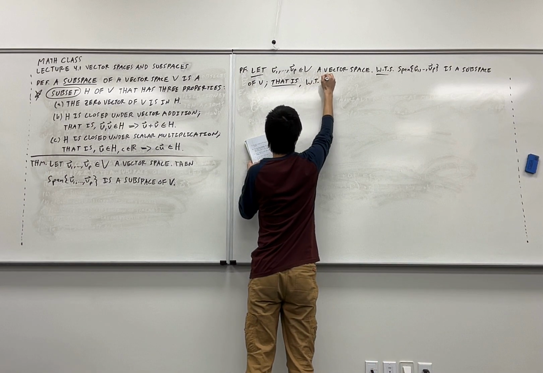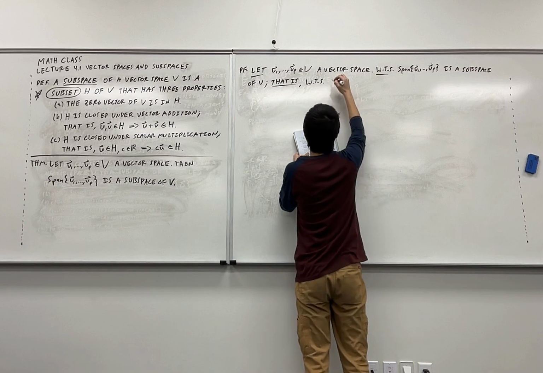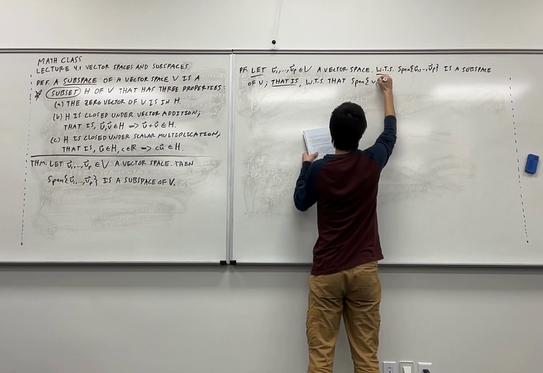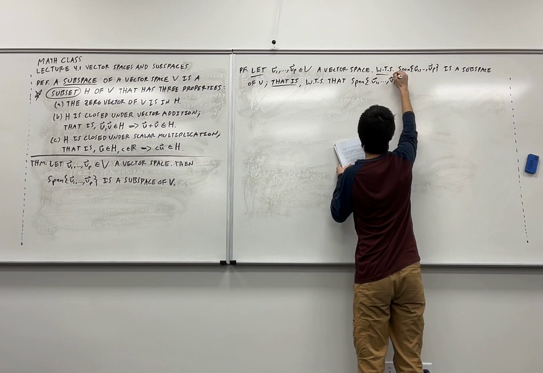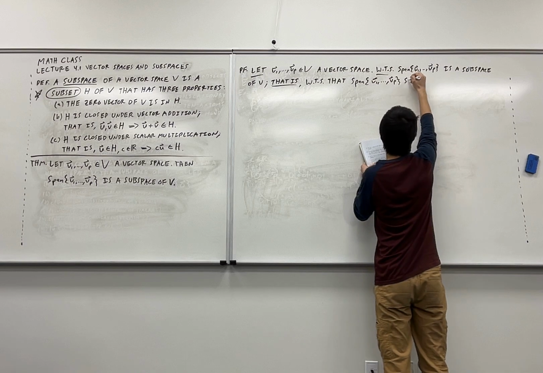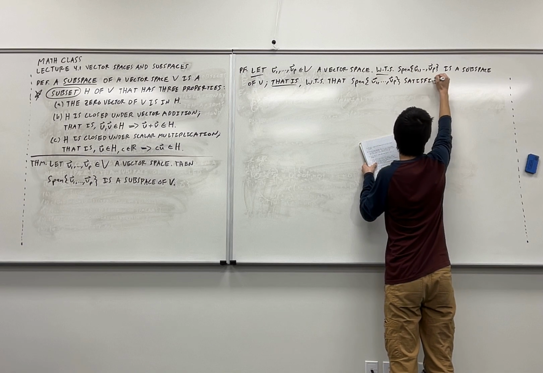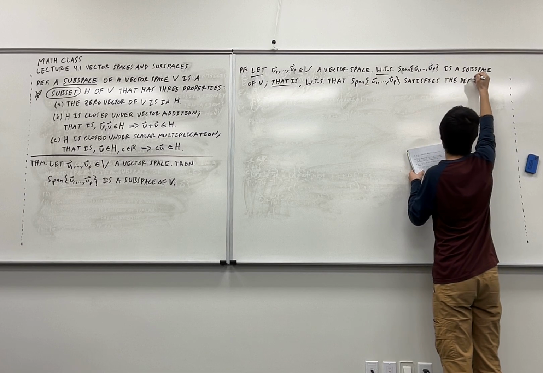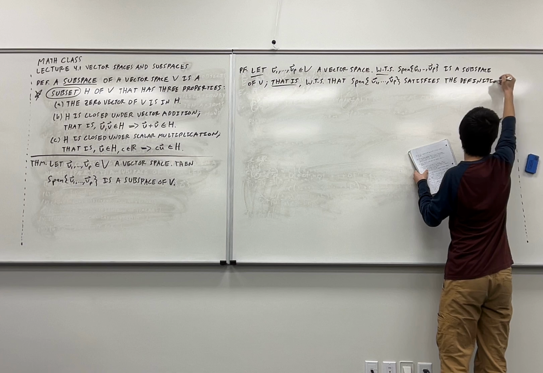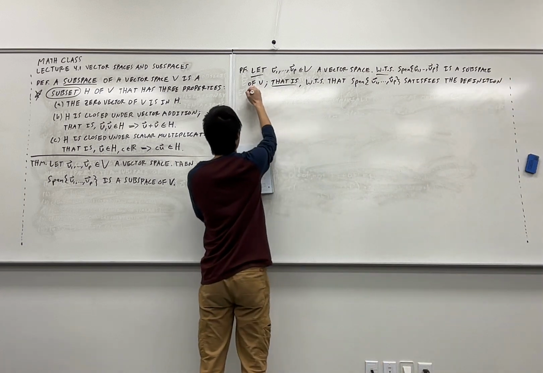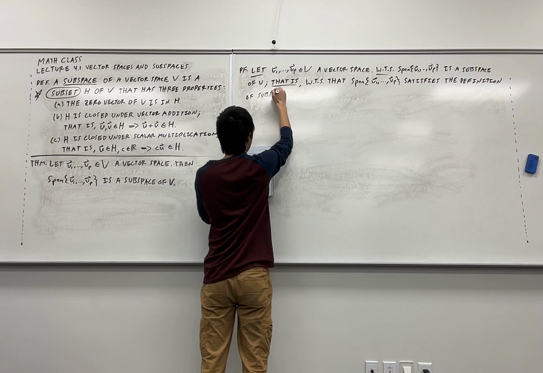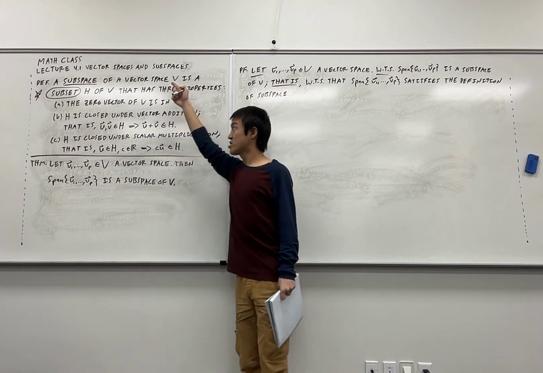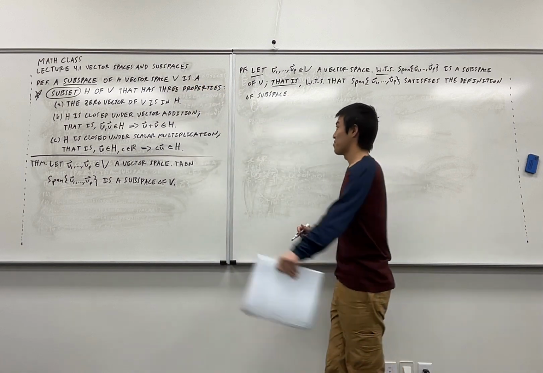That is, we want to show that the span V1 through Vp satisfies the definition of subspace. And what does it mean to satisfy the definition of subspace? It means to satisfy the definition of the subspace. Okay.